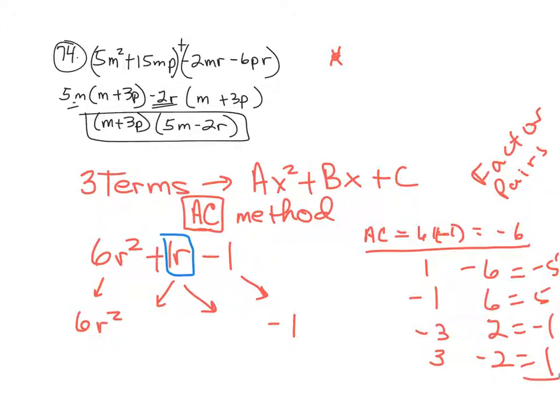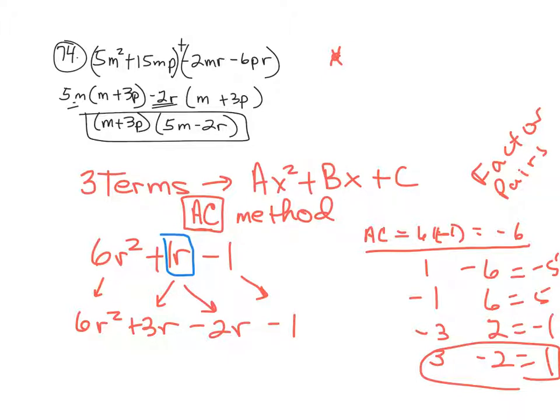So that is it. So we're going to rewrite that 1r as plus 3r minus 2r, and now we've turned a problem that had 3 terms into a problem that has 4 terms. And now we can do grouping. Does everybody see what just happened there? You just found something that equals +1. That's right. Find 2 numbers that multiply together to -6 that add up to +1.